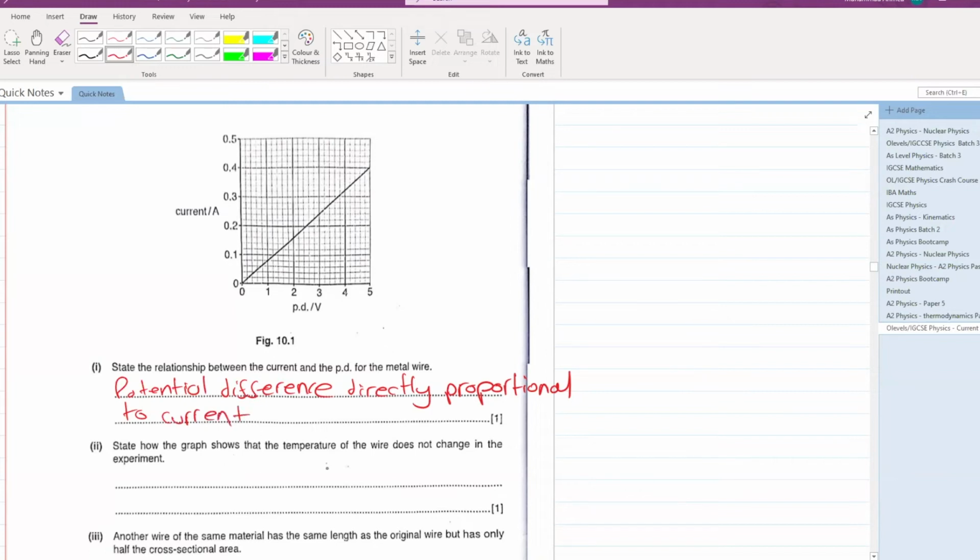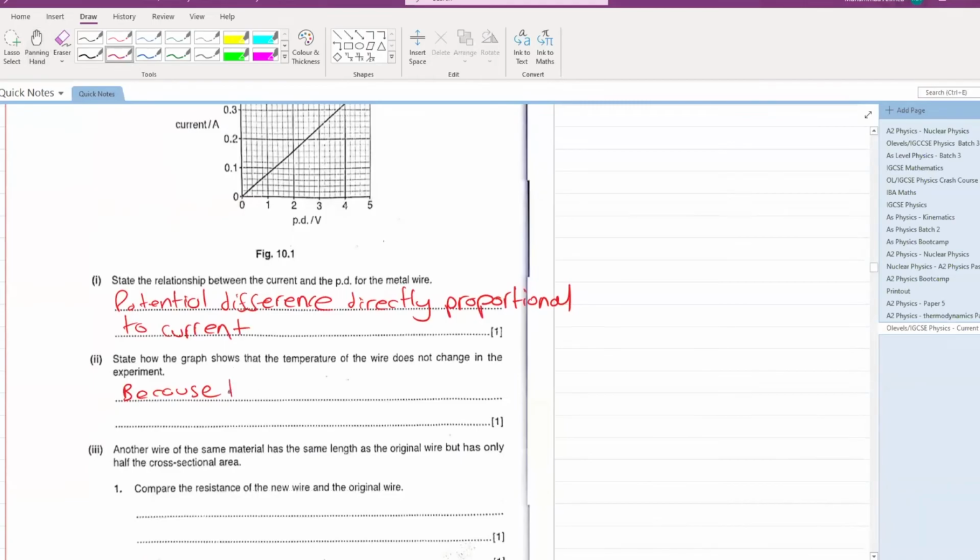State how the graph shows the temperature of the wire does not change in the experiment. How do we know that temperature of the wire does not change in the experiment? Because the graph is a straight line. What does a straight line graph tell us?